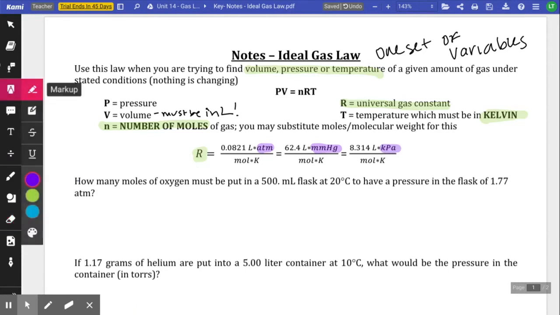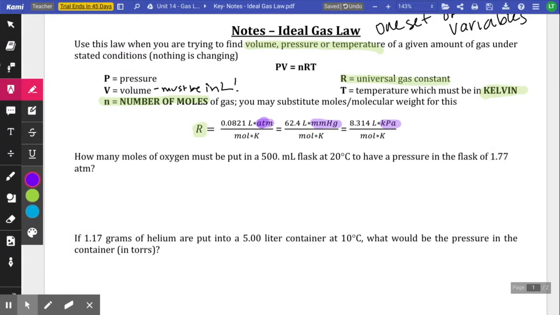I always say it's kind of like ice cream. You have to match your ice cream to your topping. So we have to match our R value to our pressure value. They have to go together. So this equation's pretty easy because it's only one set of variables. When we go through our problems, we're going to label the different variables, plug them in, and solve.